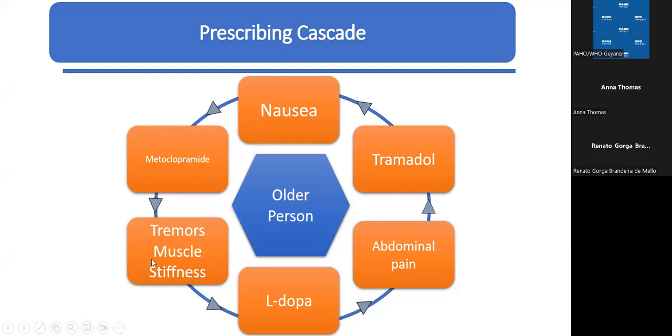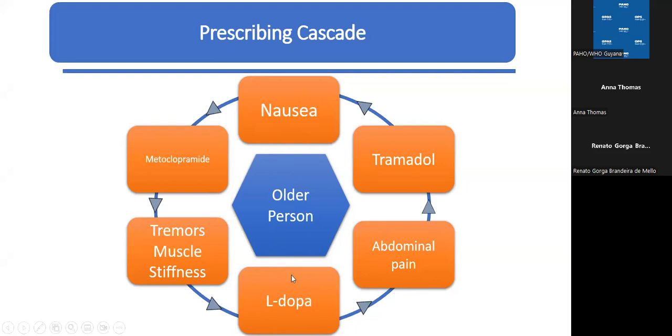And maybe some will prescribe levodopa to treat these symptoms. Levodopa can cause adverse reactions like more nausea or even abdominal pain.